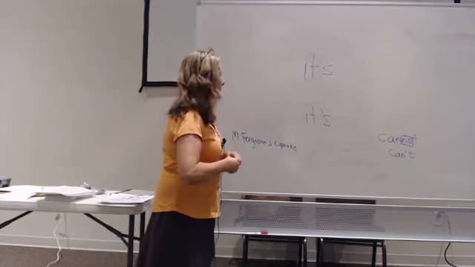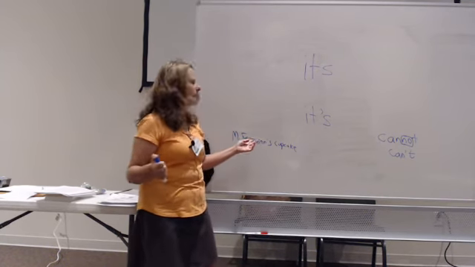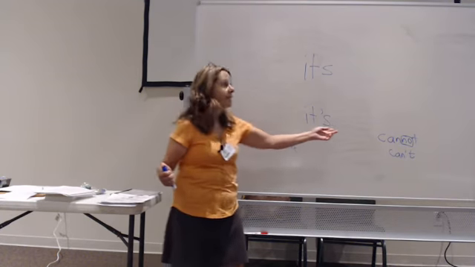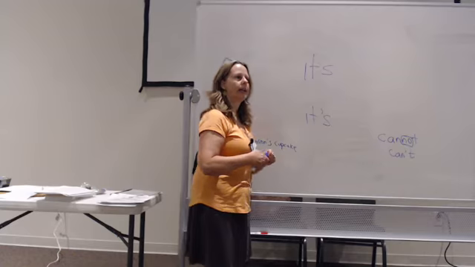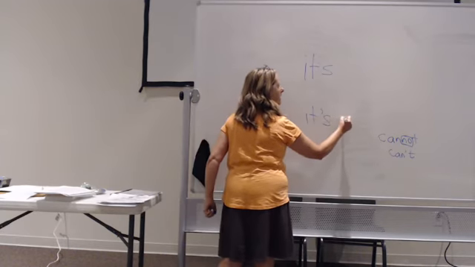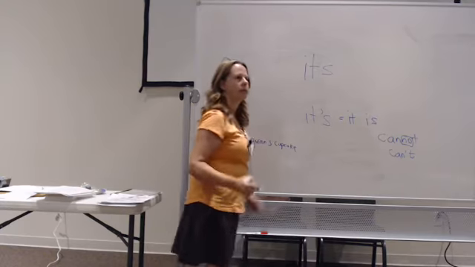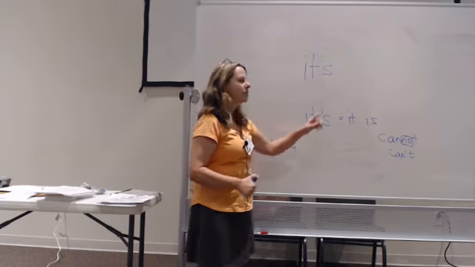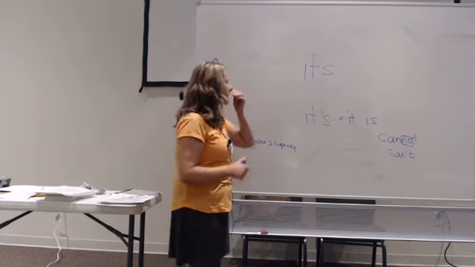So your problem when you're faced with this is people say, oh, is it possessive or is it a contraction? And we have to choose, it's a contraction. When you use an apostrophe, it means it is. If you can't use the words it is, it's not the right place.